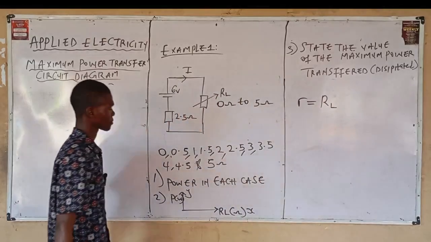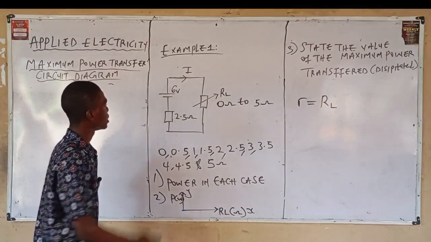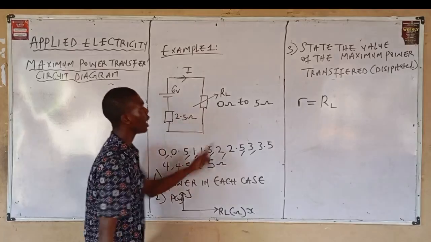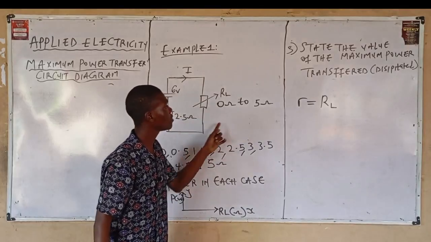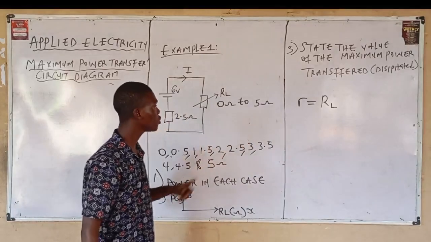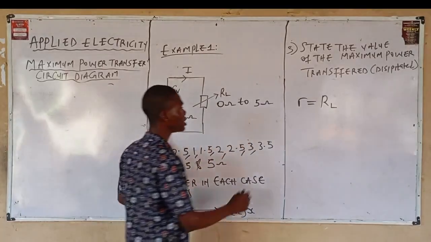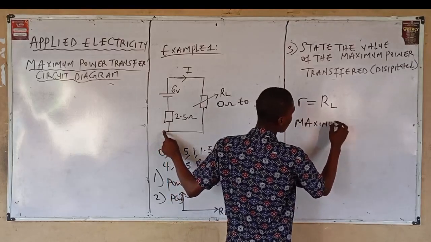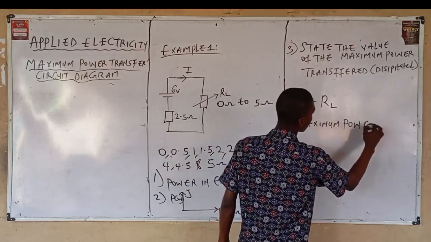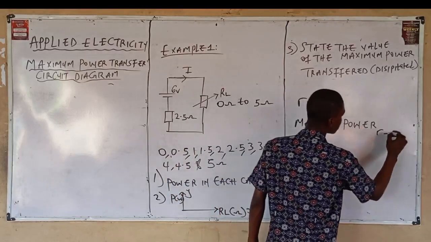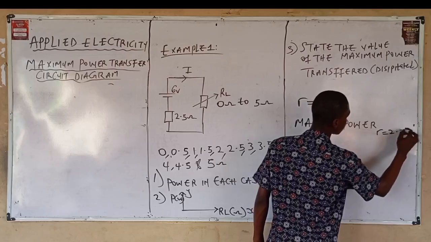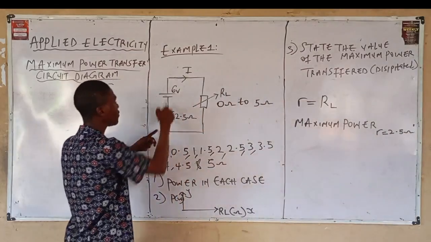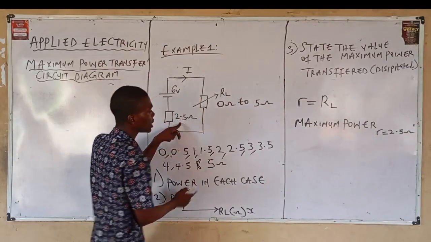In this case, the internal resistance is 2.5, and the load resistance varies from 0 to 5 ohms. It is obvious, before solving, that maximum power will occur when R is equal to 2.5 ohms, because the internal resistance is 2.5.